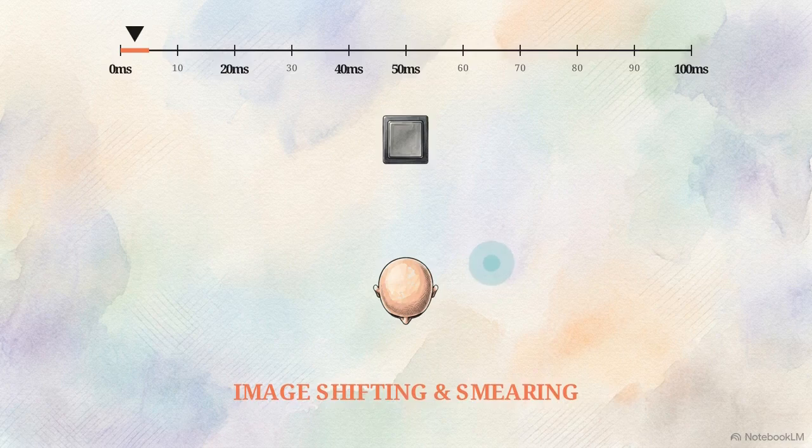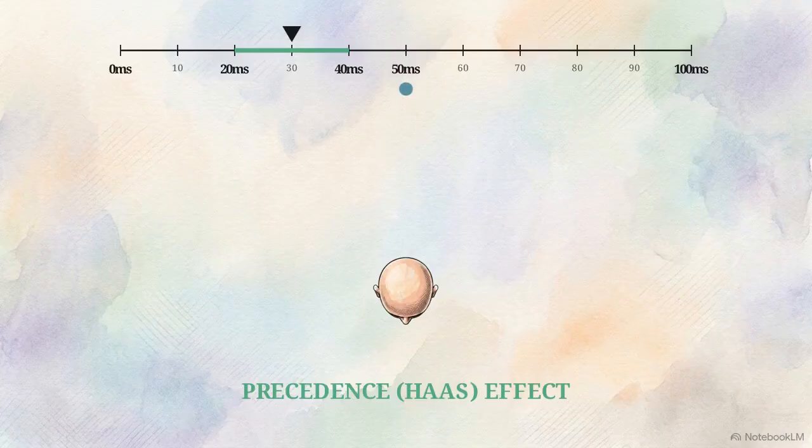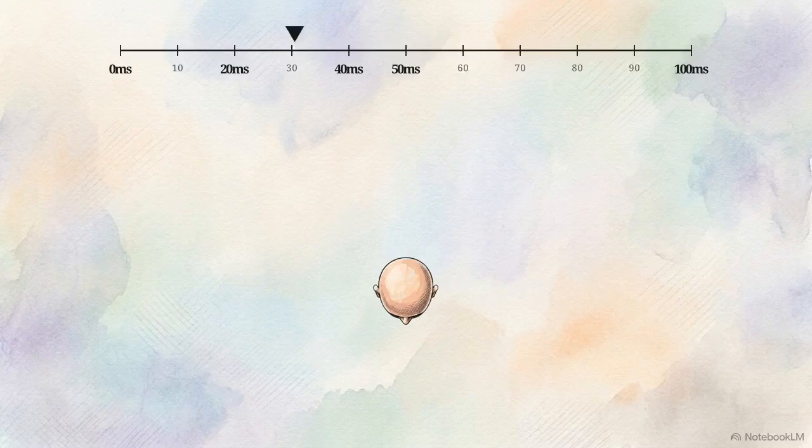It will pull the perceived center of the stereo image toward the reflection point, even if the reflection is very quiet. In contrast, reflections arriving between 20 and 40 milliseconds fall under the precedence or Haas effect. The brain integrates these into the primary sound, adding a sense of loudness and spaciousness without the destructive coloration.